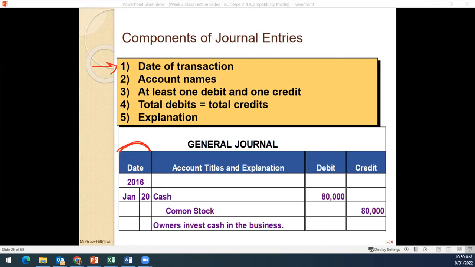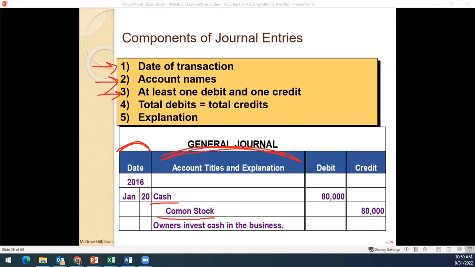You want to know what happened in one month versus another month. The next column is for the account names. What you see here is a list of the accounts that were exchanged. In this particular journal entry, what was exchanged was cash for common stock. We put each one on a different line.